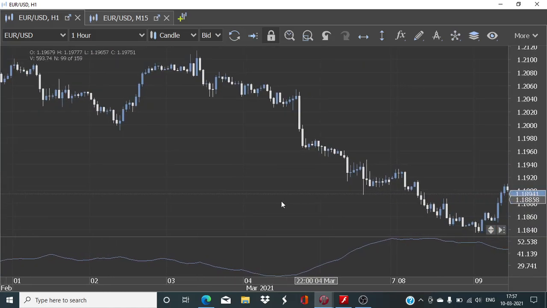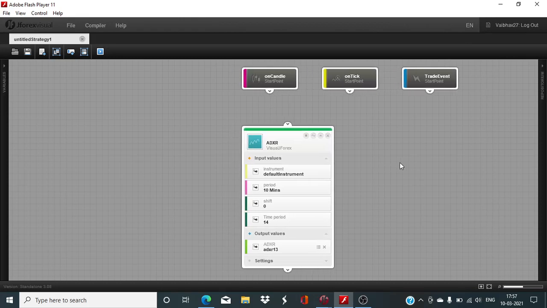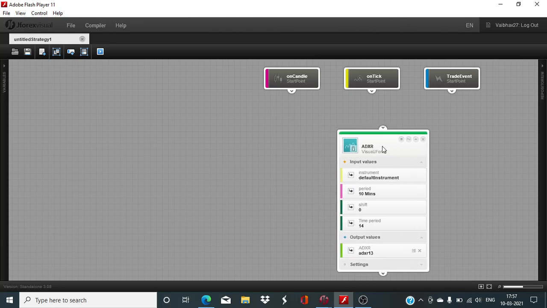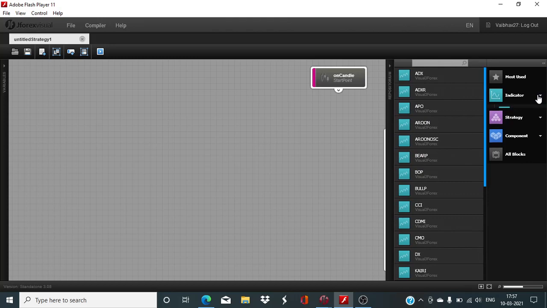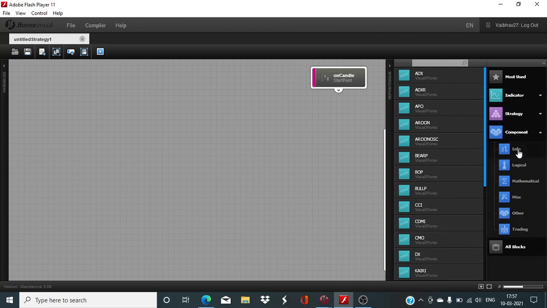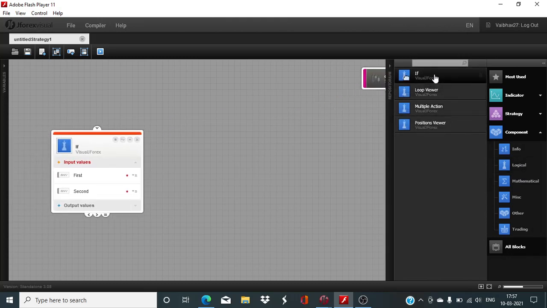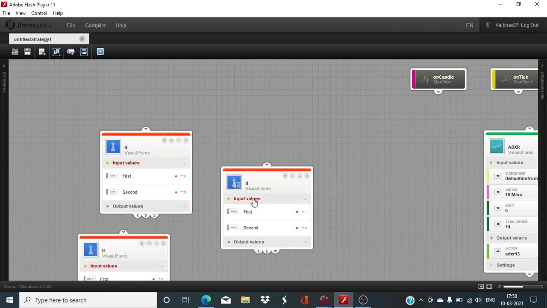So now let us head back to the Visual J Forex board. So here we are. We are going to use the hourly time frame for the ADXR values. Prior to that, I will also carry out the instrument subscription, and for that, the if else block will be required.